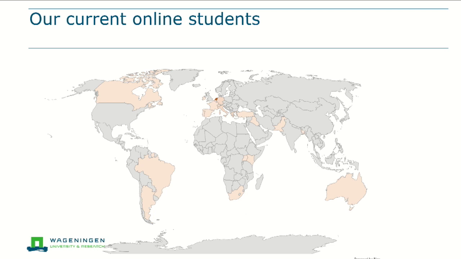Though I have to admit that the majority of our students are coming from Europe and mainly from the Netherlands, and we also see that some students have moved from their home country to the Netherlands and then started the online master here. So we think that this international setting makes our master very well appreciated and also unique.